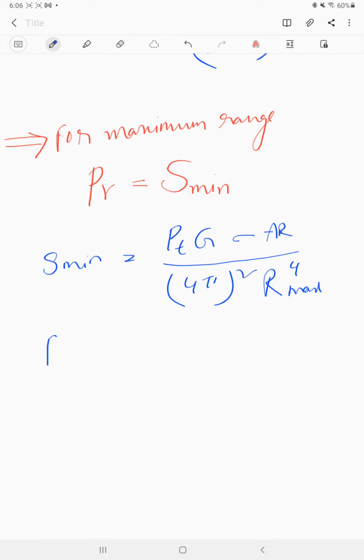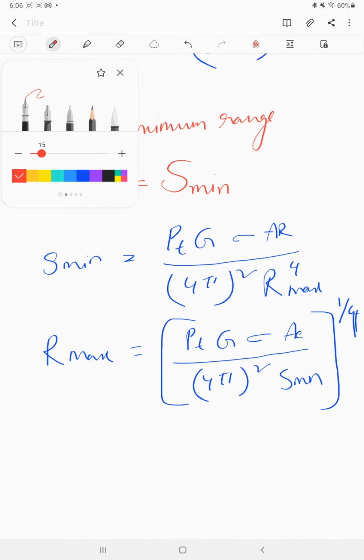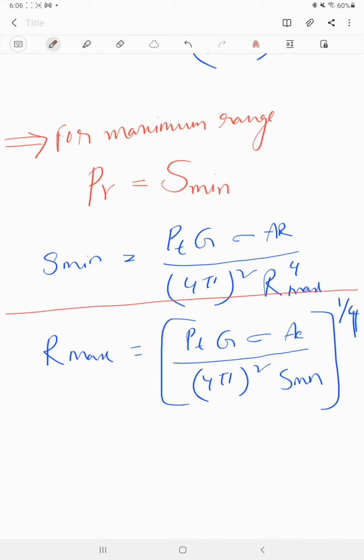R max is equal to PT G sigma AE by 4 pi whole square S minimum, whole power 1 by 4. This is the radar range equation.